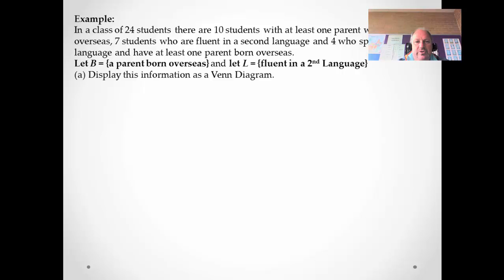In a class of 24 students, there are 10 students with at least one parent born overseas, 7 students fluent in a second language, and 4 who speak a second language and have at least one parent born overseas. Let B equal the event a parent was born overseas. Let L equal the event fluent in a second language. First we display this as a Venn diagram, then we'll do a two-way table, and then a probability two-way table.